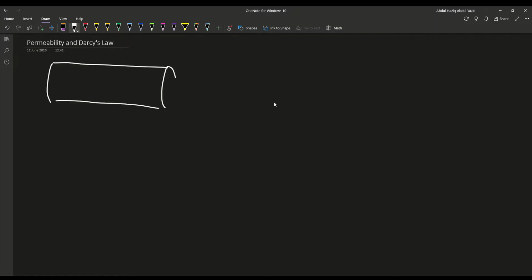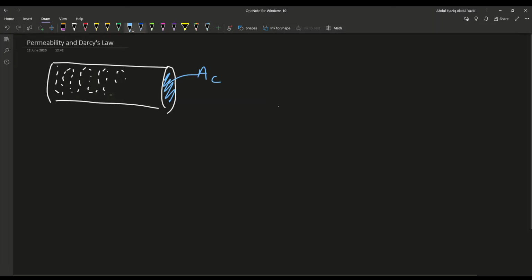So imagine that this is some cylindrical medium which is filled with some kind of sediment or some kind of soil, some kind of sand, whatever it is. This is a shape that has a constant cross-sectional area AC. It has some length x.